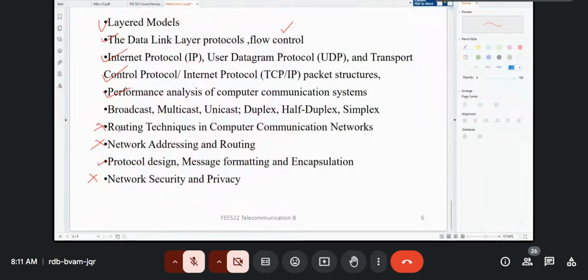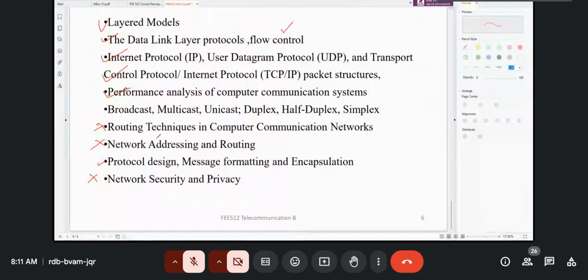We'd like to look at routing, but for the time we'll be having, we'll not be able to. I hope you have come across routing, but I just mention it. We won't get into routing techniques in detail.